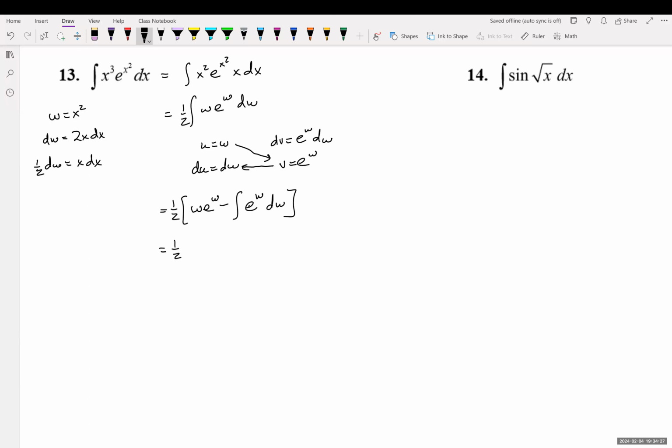That's a pretty straightforward integral. We now have 1/2 w e to the w minus e to the w, like this. We'll put a plus c in back. And of course, we have to bring back our x squareds. So we're going to have 1/2 x squared e to the x squared, distributing the half, minus 1/2 e to the x squared, plus c.